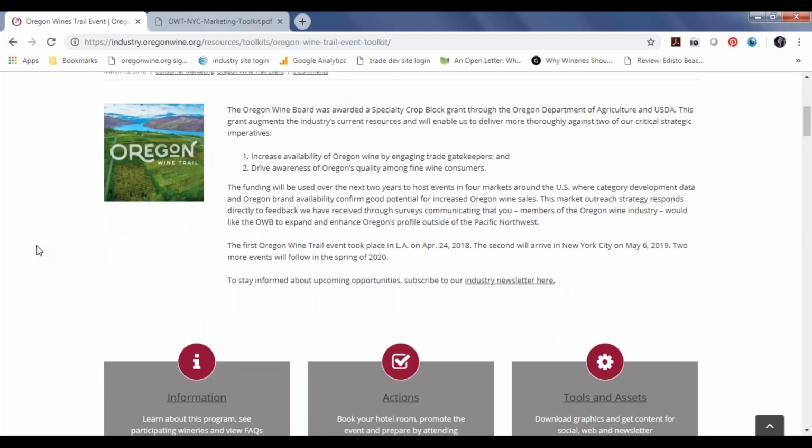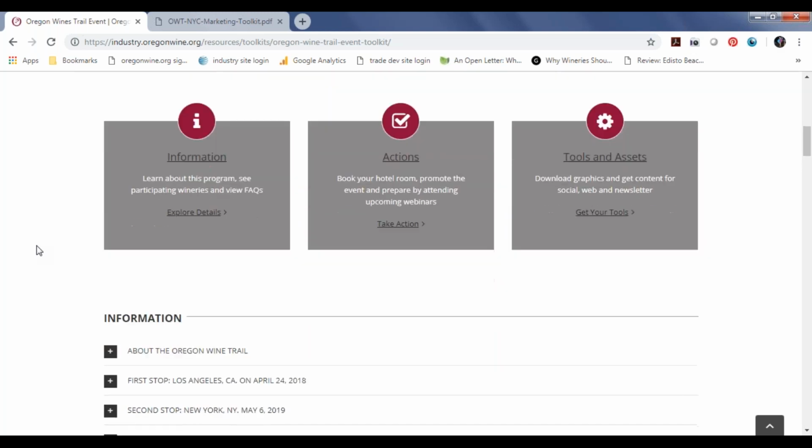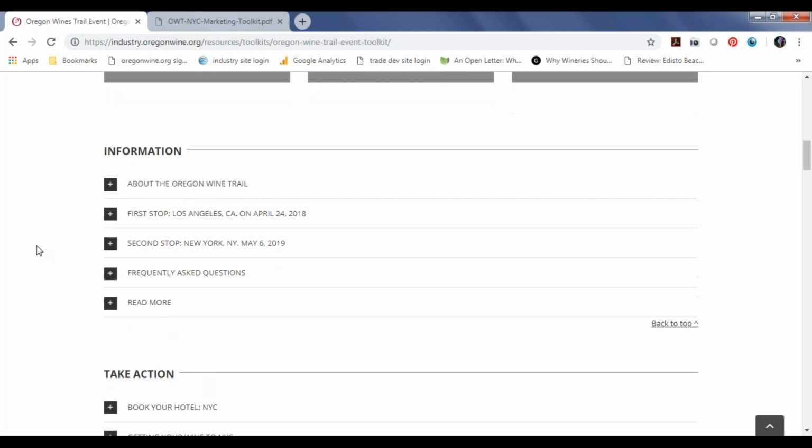So upon receipt of this grant, when we sat down to talk about what Wine Trail would be, how we would take this show on the road, so to speak, we knew that it would be important to work with a partner who had a strong sense of brand Oregon identity and also had a demonstrated capacity to connect with consumers, particularly consumers who participate in our category.